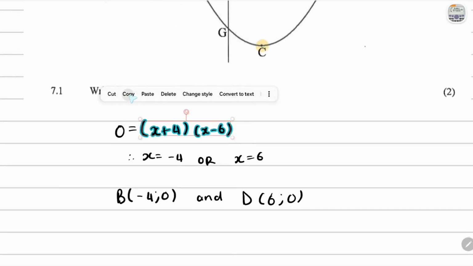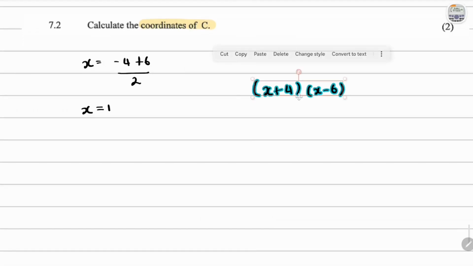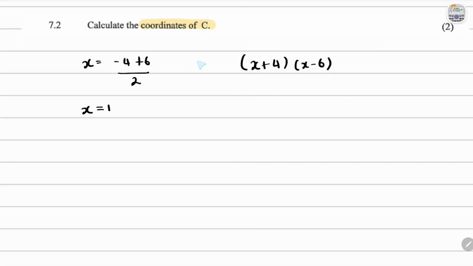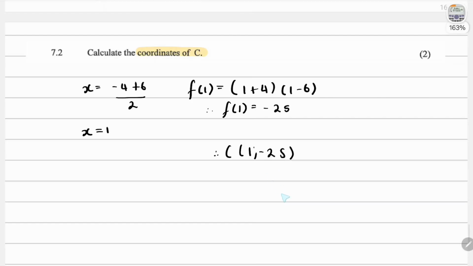So we're saying f of 1, so we can find that y value where x is equal to 1. And that's going to be 5 times negative 5, which is negative 25. So f of 1 is simply equal to negative 25. And so the coordinates of C are 1 and negative 25. And that is our answer.